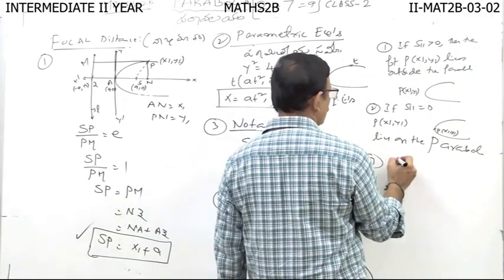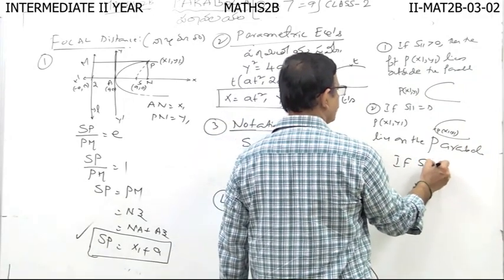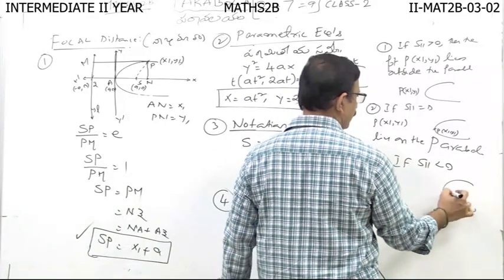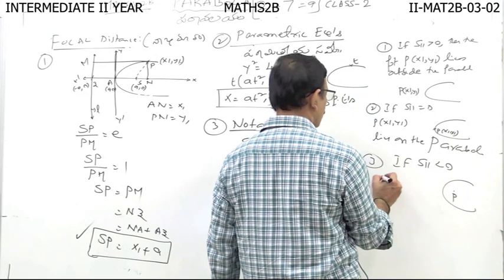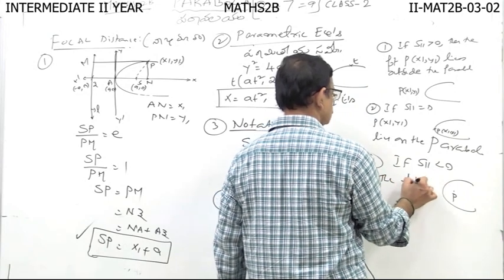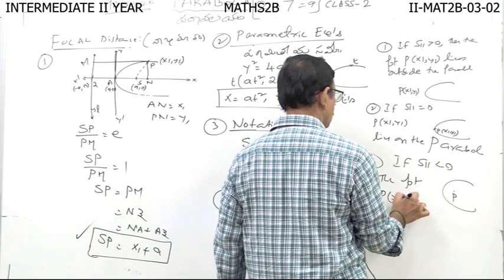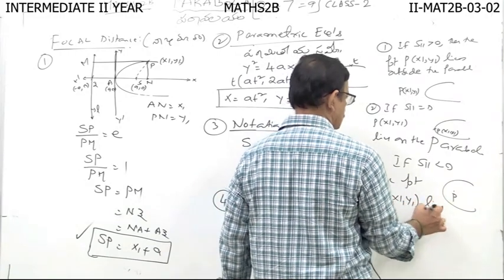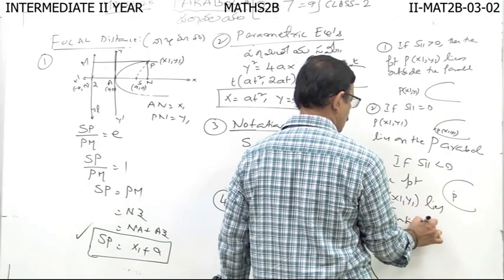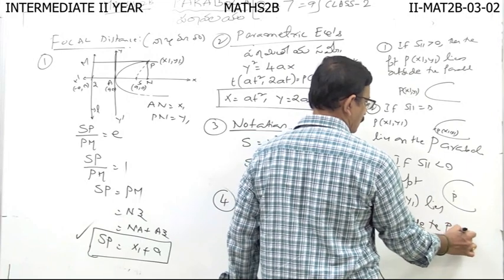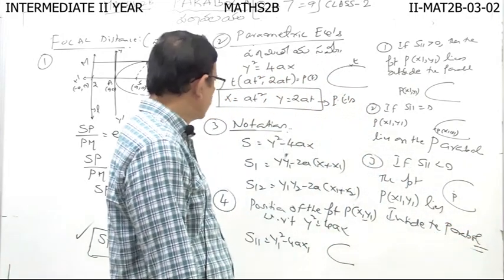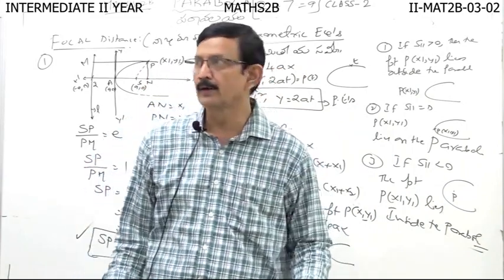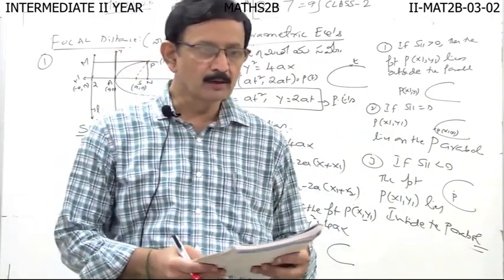And third point, if S11 is less than 0, then the point P lies inside the parabola. So the point P(x1, y1) lies inside the parabola. These are the three cases you can observe regarding the position of the point with respect to the parabola.